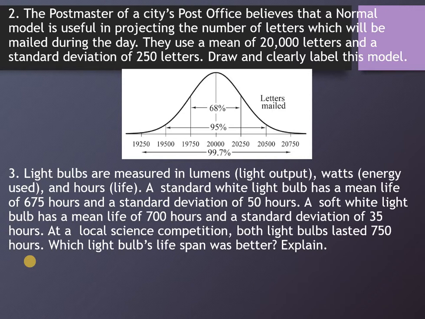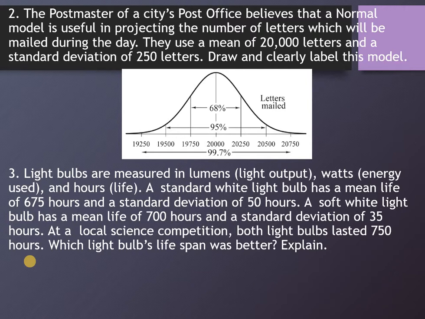This says letters mailed, so that's what those represent. You need to see mean, 3 standard deviations out in either direction, and either the 68, 95, 99.7, or 0.15, 2.35, 13.5, 34, 34, 13.5, 2.35, 0.15. I like the little ones because those are the ones I usually end up using. That's my whole reason behind that. Yes, I realize that's less writing.